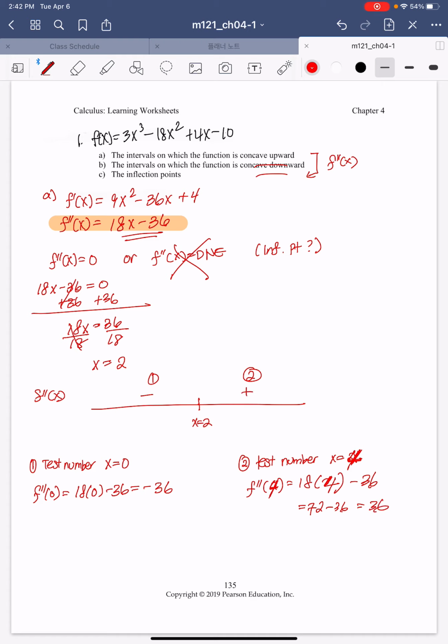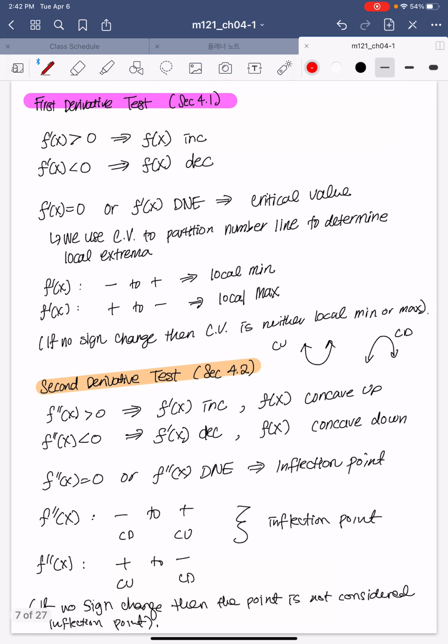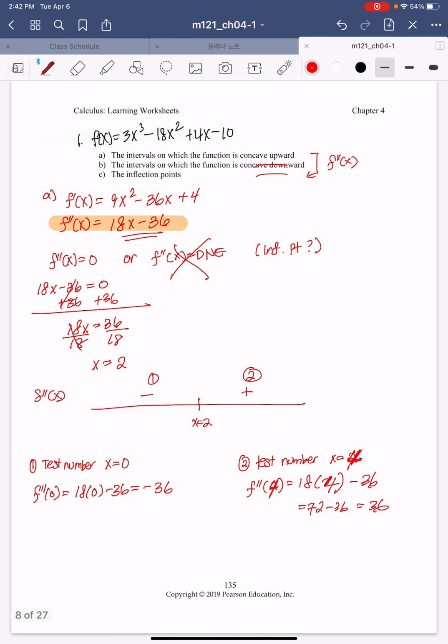So f double prime is negative, which means concave down, and then concave up. Because we have a sign change, this is going to be my inflection point. So that's it. That's very simple.